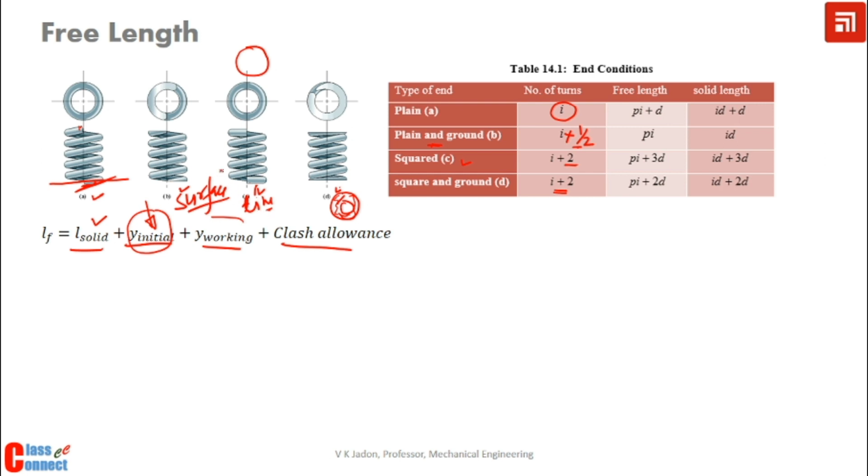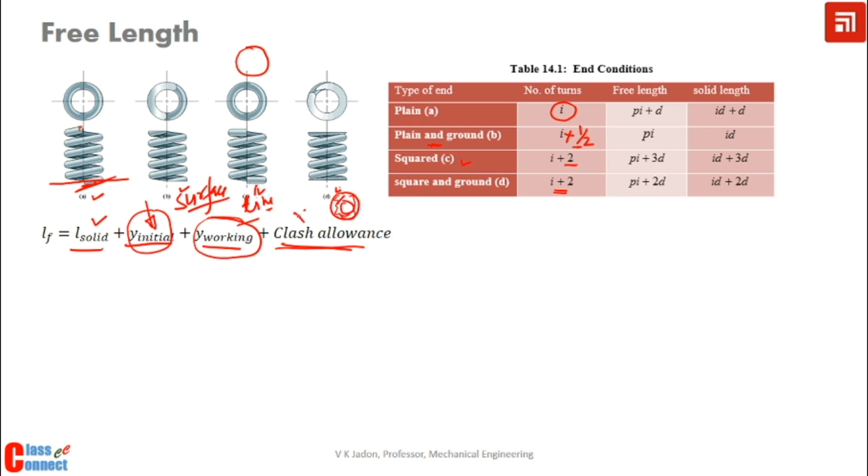Y working is the deflection once the load increases beyond the initial load, whether in a clutch type of problem or a safety valve type of application. So everywhere we need some working deflection, depending on how much deflection we want during the working of the spring.